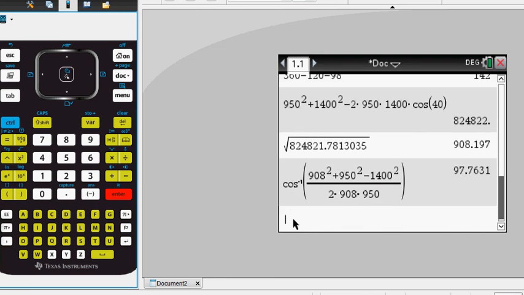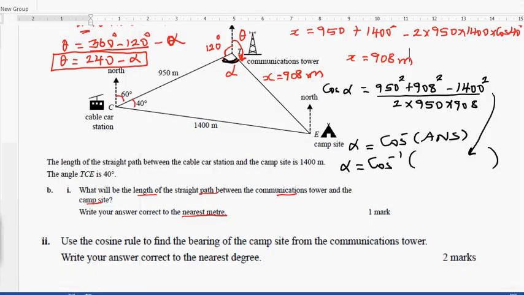So we can say alpha is 97.76 degrees, which is 98 degrees. Okay, so we can say theta is going to be, not 360, 240 minus 98 degrees.